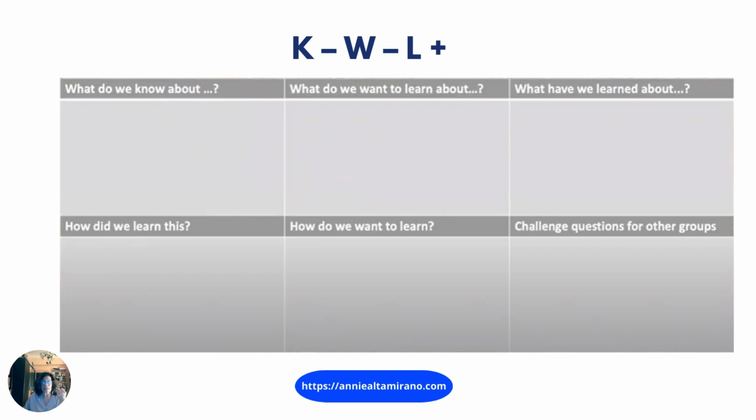And once they have finished and they say what they have learned about the topic, you can set up a kind of game with groups challenging each other with questions about the topic.